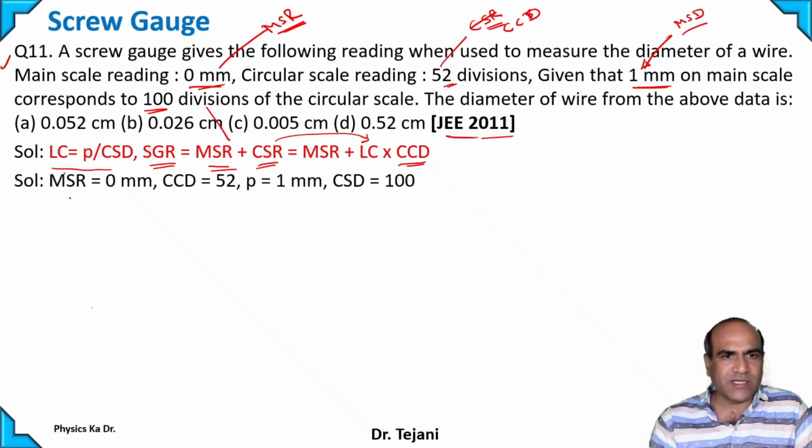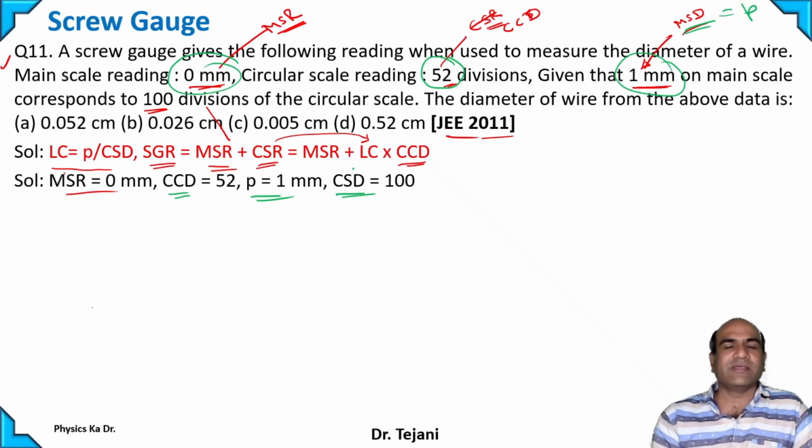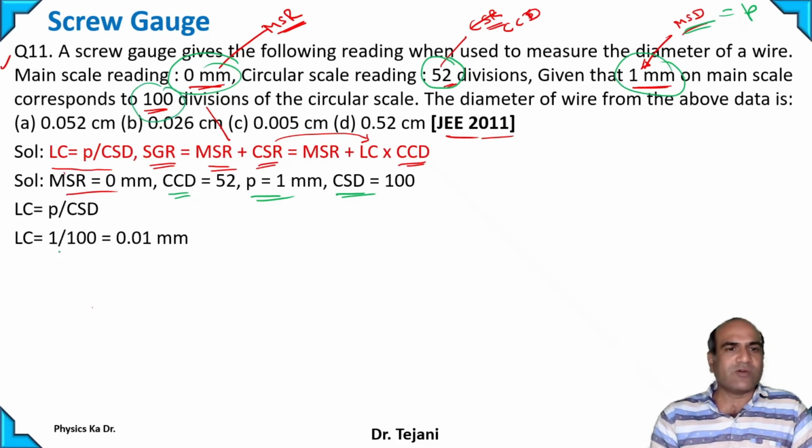Main scale reading is 0. The division which coincides is CCD 52. Pitch is 1 millimeter, and circular scale division is 100, which is given. Putting these values, the least count is 0.01.